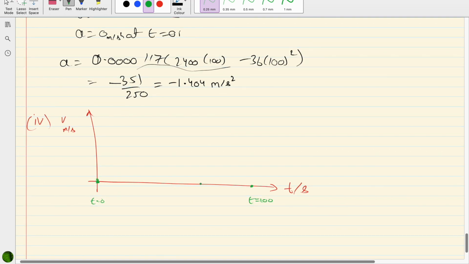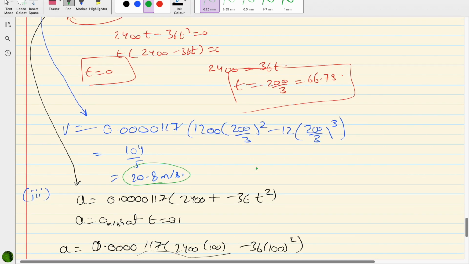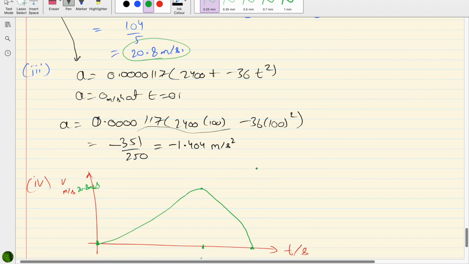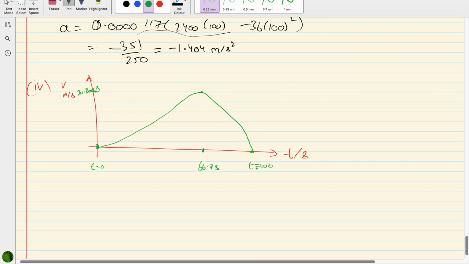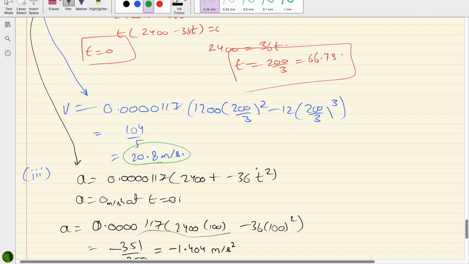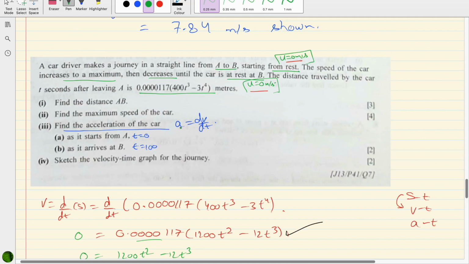So roughly more than half, this should be 66.7 seconds, and the highest point is equivalent to 20.8 meters per second. And this gives me this curve. And that was the last part.